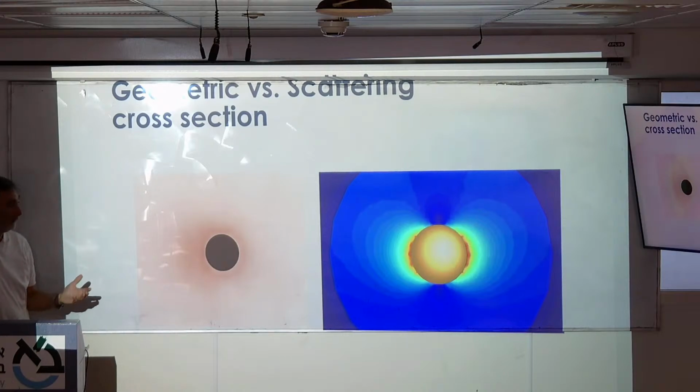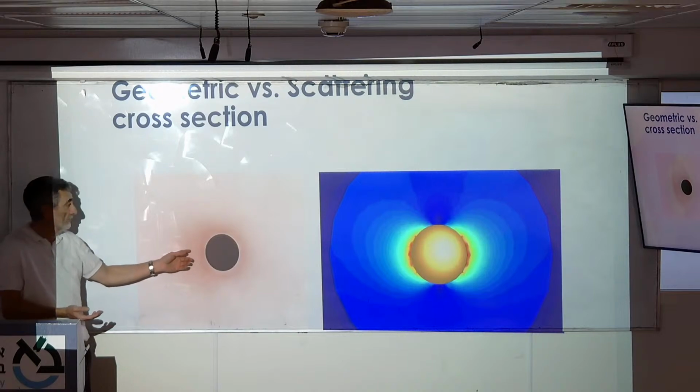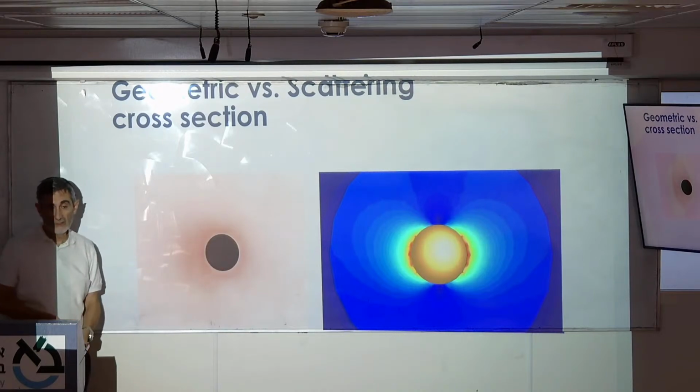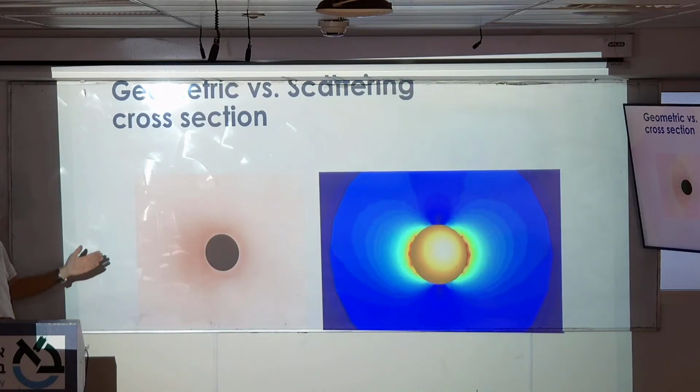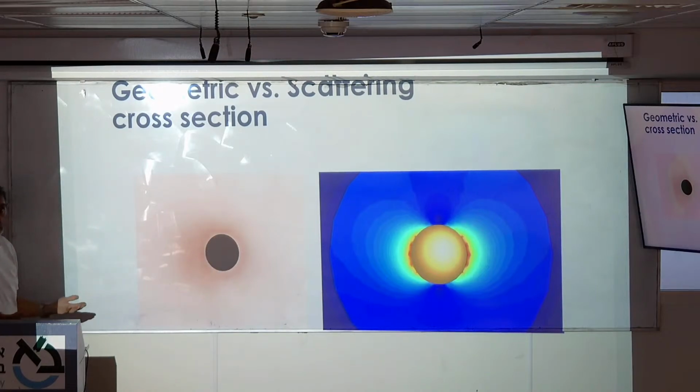Okay, let's say you have a sphere. The wave comes onto this sphere. What it sees is a screen, in fact a disk, given by the section of the scatterer itself. So that's really the geometric cross section. It's just a geometrical problem, like particles just hitting a target.